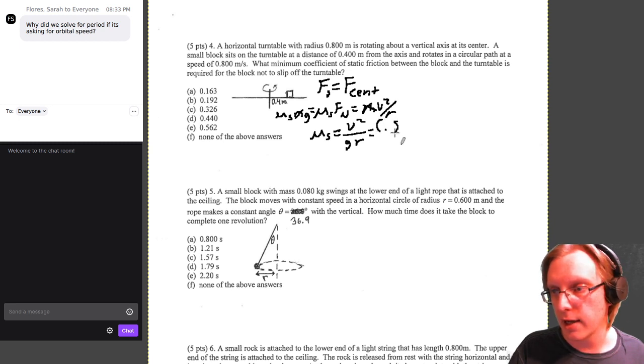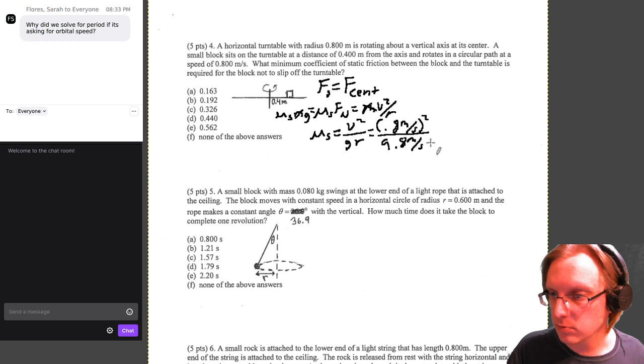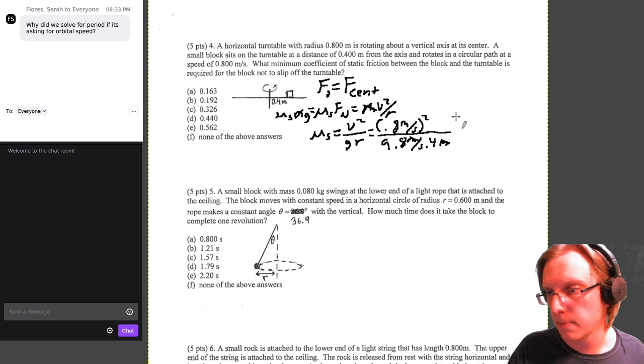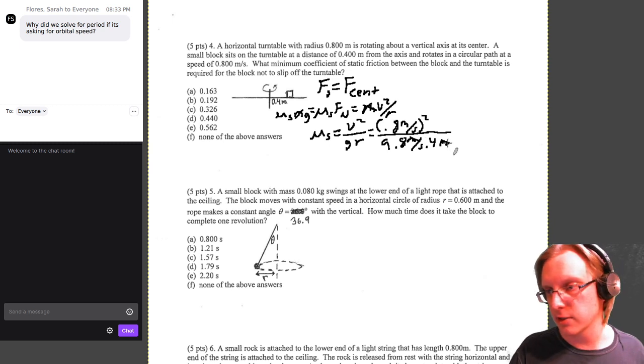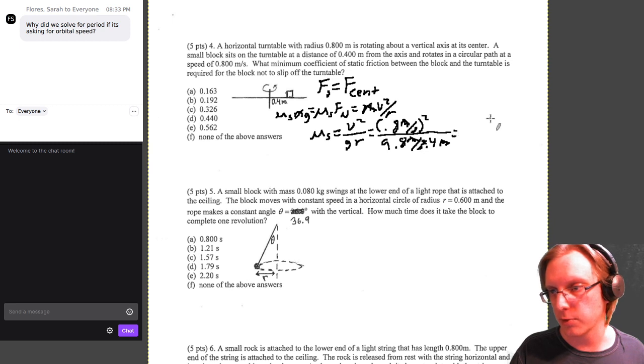Going 0.8 meters per second squared divided by 9.8 meters per second squared, radius 0.4 meters. Meter times meter is meters squared, and that cancels. Oh, look at that. All the units cancel out. Very good. That's exactly what we're expecting.